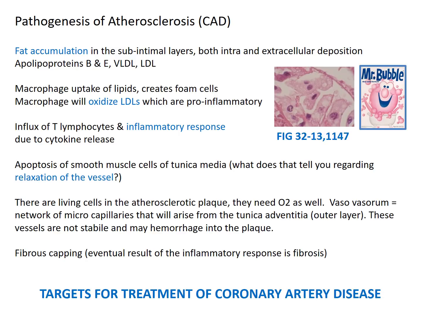There's a cell that we find inside plaque called a foam cell, and the foam cell is a macrophage which has engorged itself with fat. And they call them foam cells because they look kind of bubbly. So if you look at that histology, you see some of those cells that look kind of bubbly.